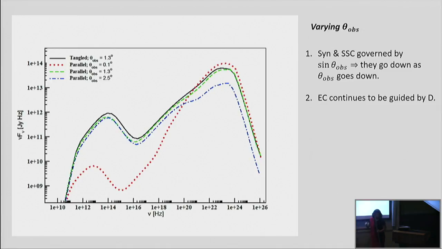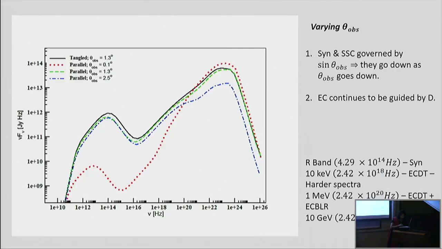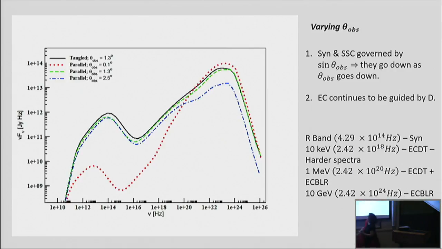So this kind of, in this case, for a smaller viewing angle of 0.1 degrees shown in red, what we see is A, the Compton dominance becomes larger, and hardness depending on the components which contribute toward its radiation.